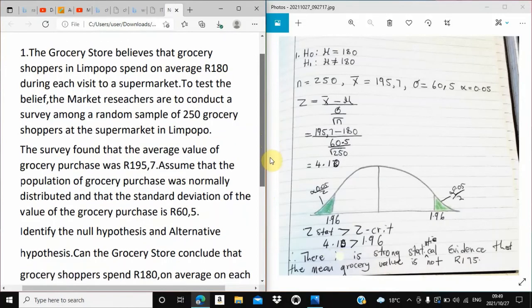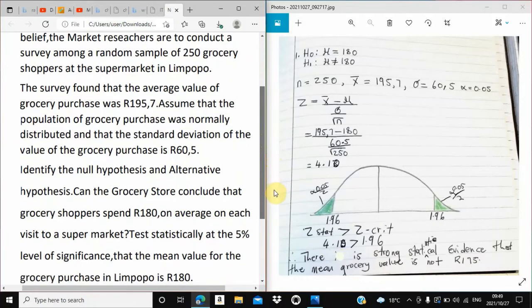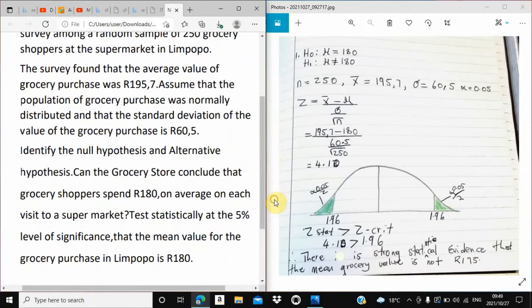Okay, now I see it here. This mistake, we're supposed to say there is strong statistical evidence that the mean grocery value is not 108. We made a mistake here. It was supposed to be 108.